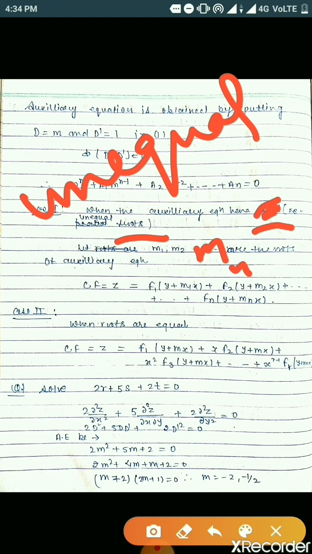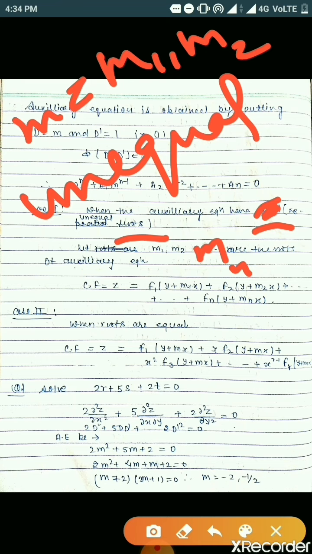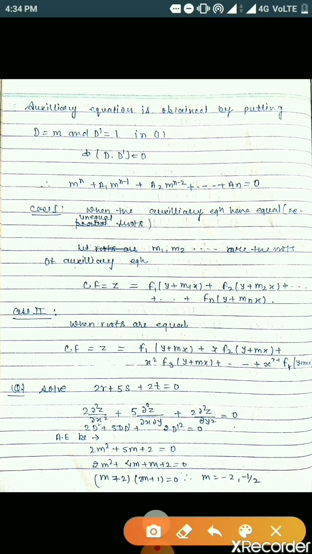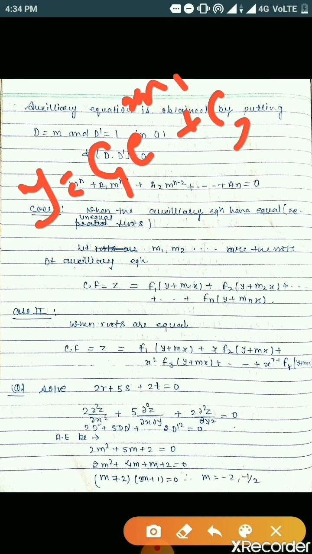Earlier, if we have a function and the auxiliary equation roots are m1 or m2, we write the CF part as y equal to c1 e to the power m1 x and c2 e to the power m2 x. But here in this function there are two variables x and y and the function is given in z.